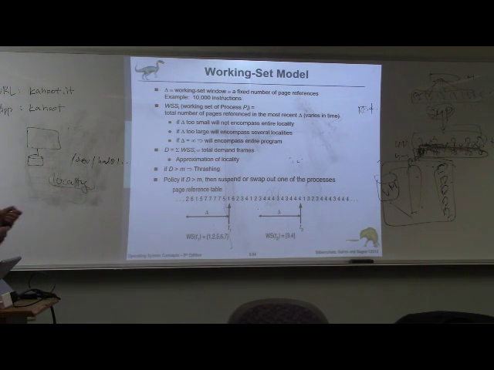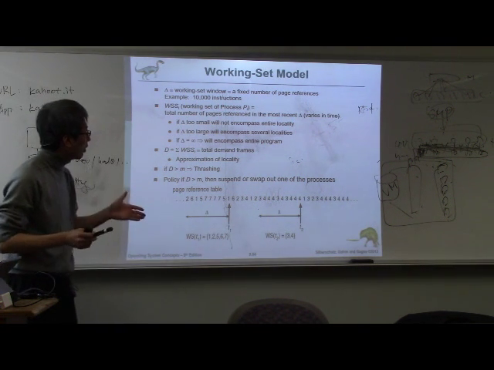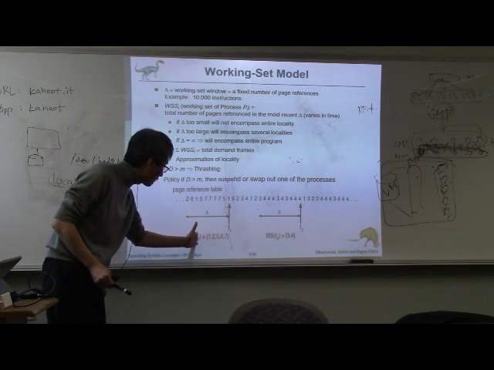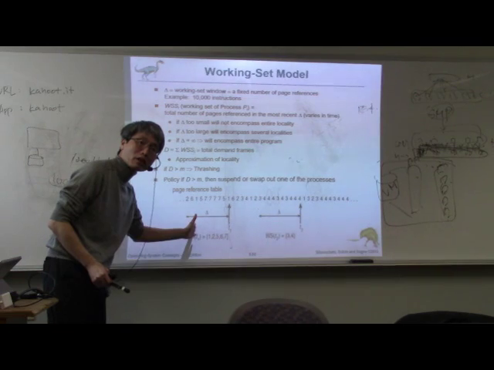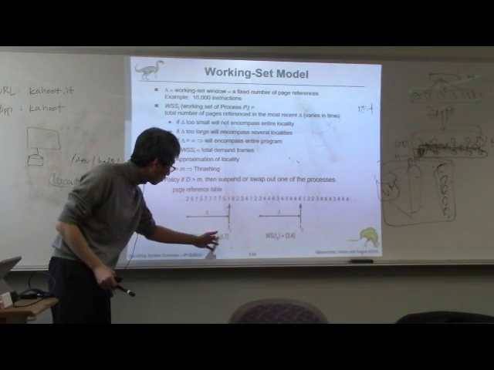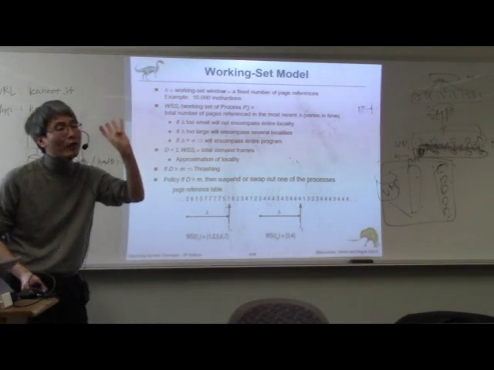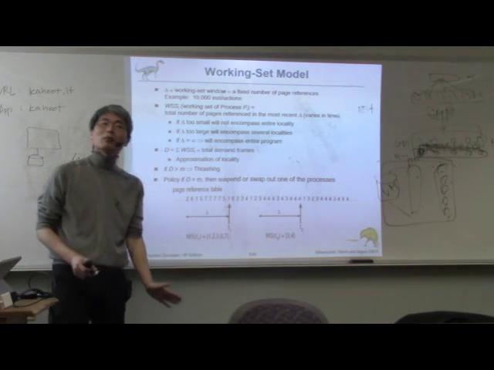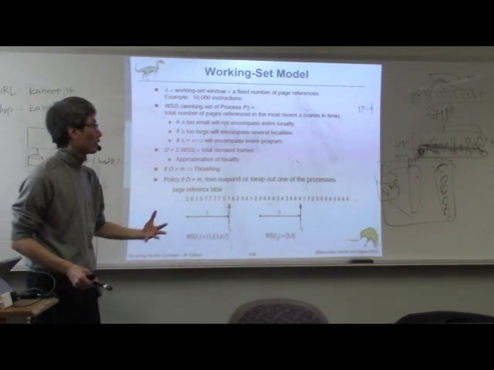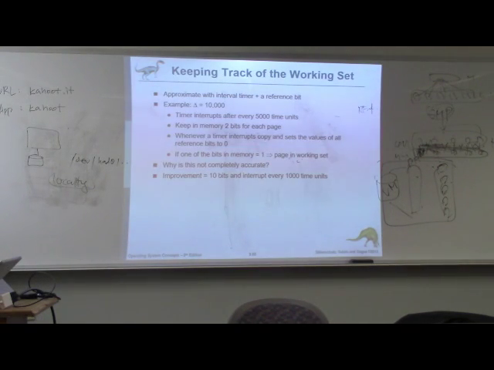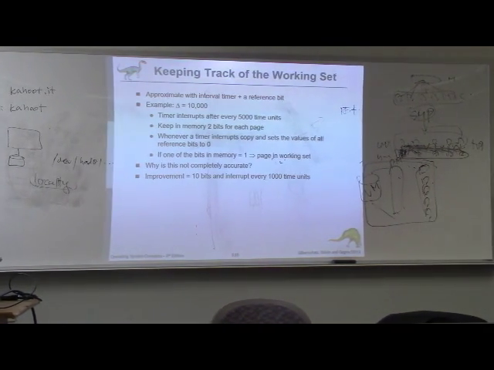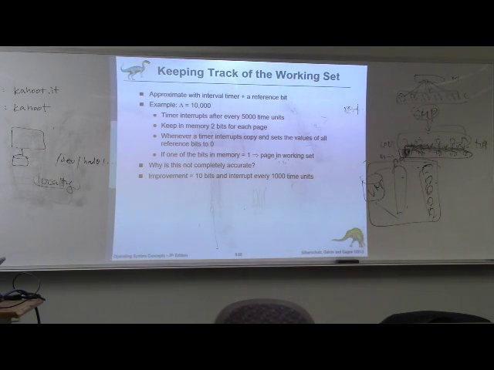If the memory size is less than this working set, it may cause thrashing. Because we need 1, 2, 3, 4, 5 pages, but if we have 4, definitely during that time we will cause thrashing. So we need to keep track of such a working set model to minimize the page faults.